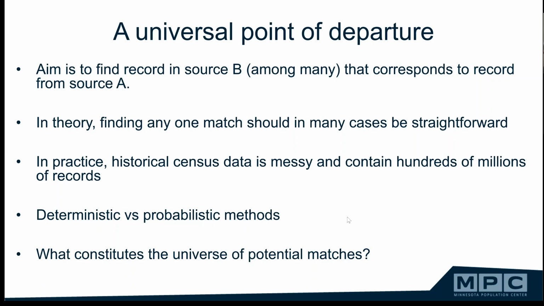Again, this is because of all the messy aspects of historical census data.